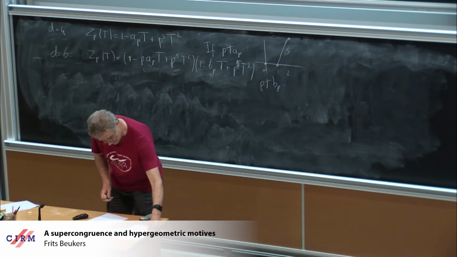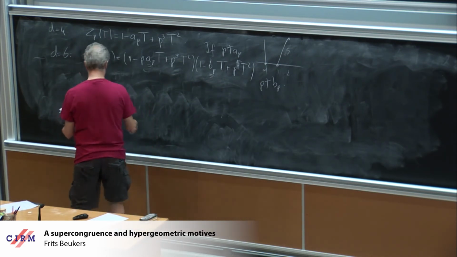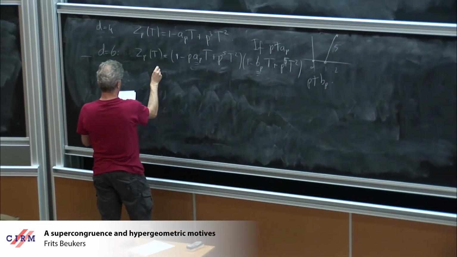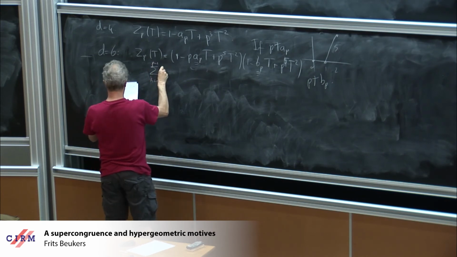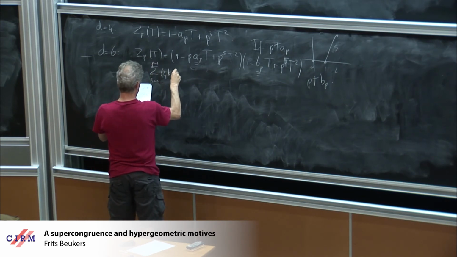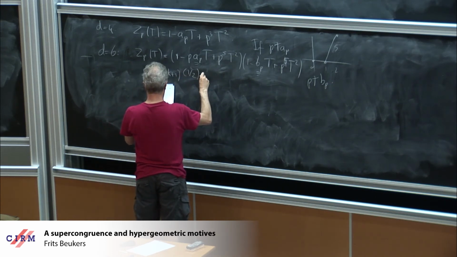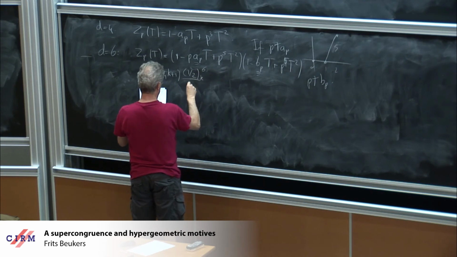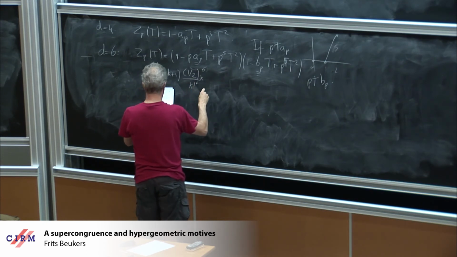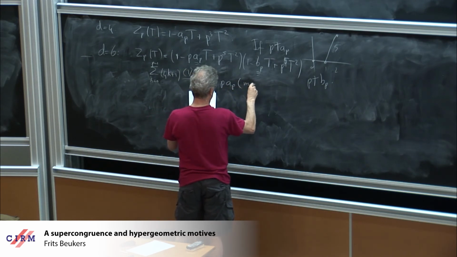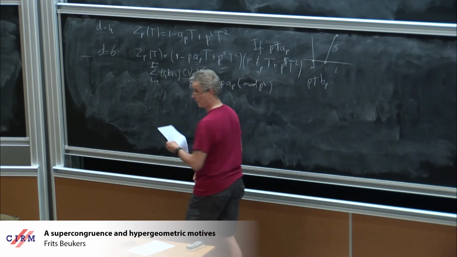The fact that you have this, well, I don't think anyone knows how to prove this, but it's nice to mention it. (k factorial) to the 6th is equal to p times a_p mod p to the 4th.